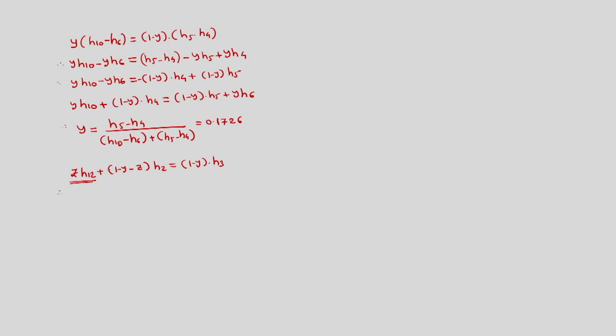So Z amount of mass at H12 exchanges heat with 1 minus Y minus Z at 2, such that we get 1 minus Y at 3. Knowing this, Z is 1 minus Y into H3 minus H2 divided by H12 minus H2.